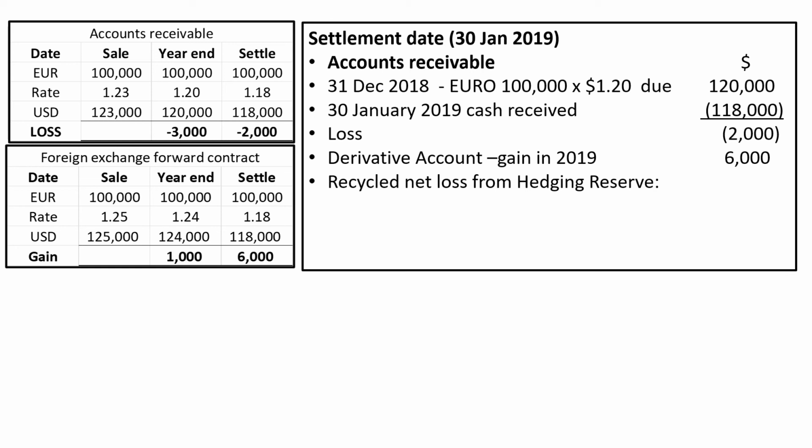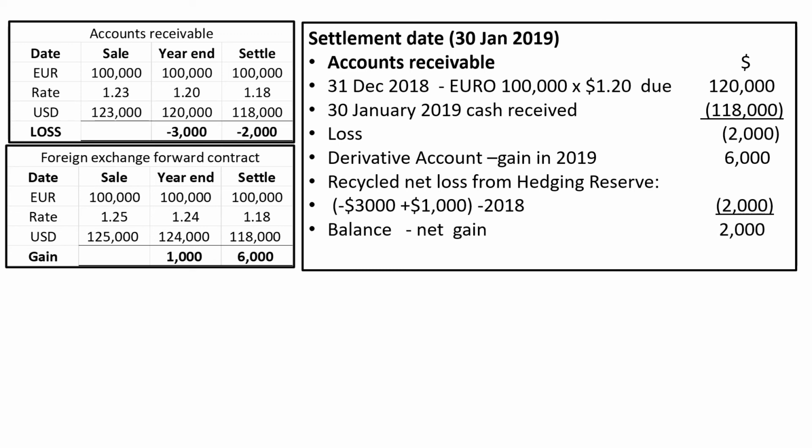We also have to recycle the net loss from the hedging reserve, which is $2,000, and if we net it all off, we will have a balance which is a net gain of $2,000, and this is transferred to the profit and loss account in 2019.